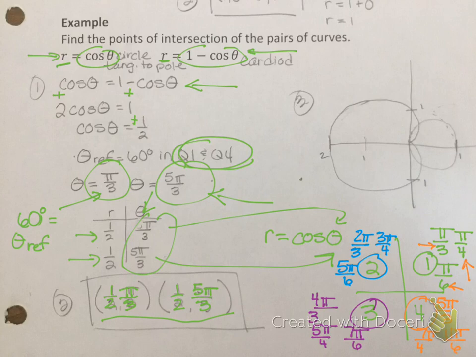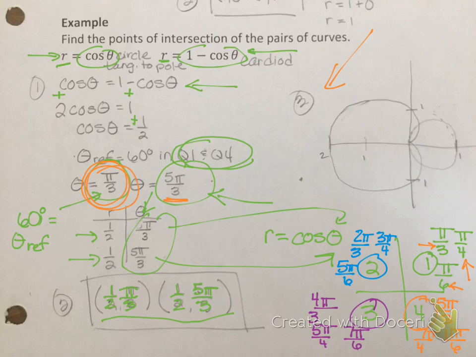So hopefully that will help you guys when you are trying to figure out the points of intersection, because like I said, your calculator is only going to give you that value. It's not going to give you this one. Let's look up at our picture right here.